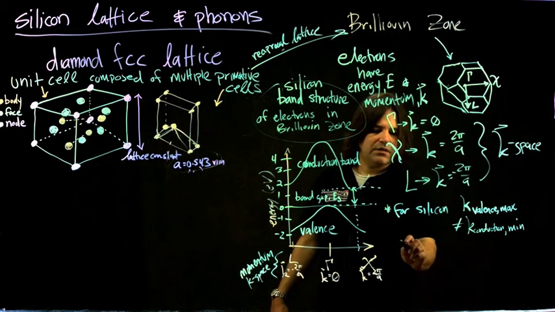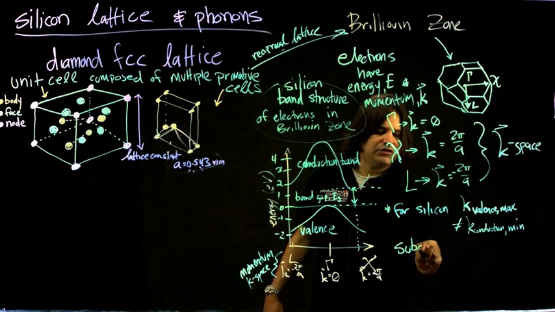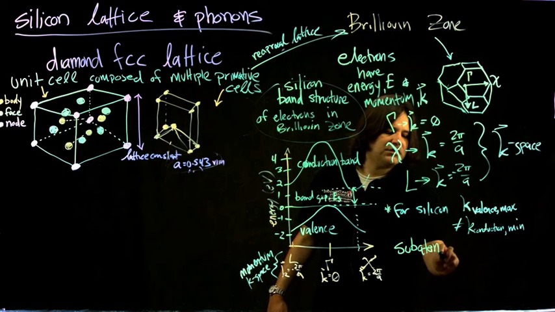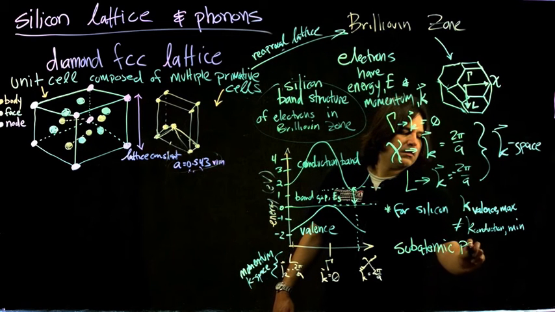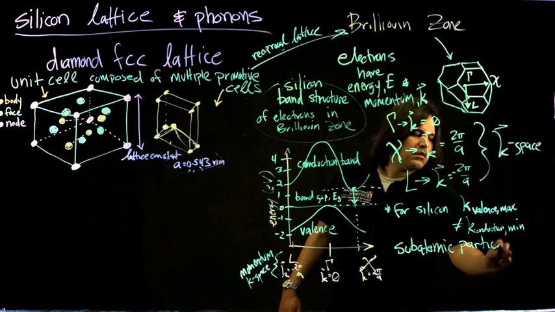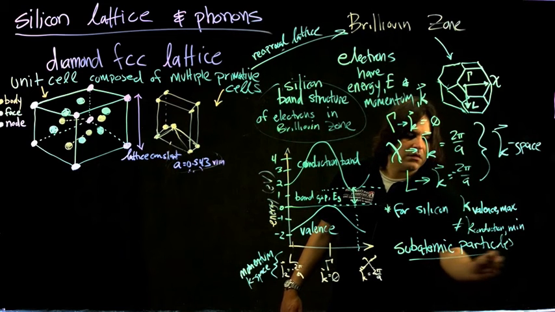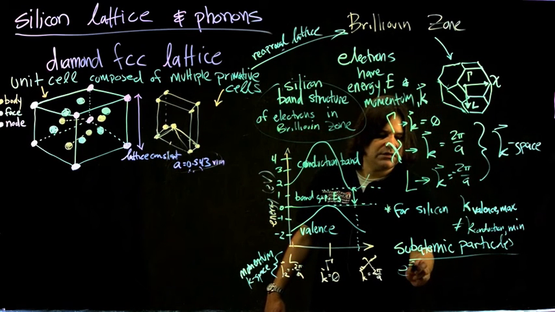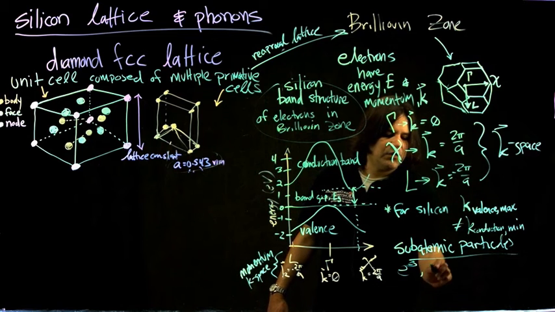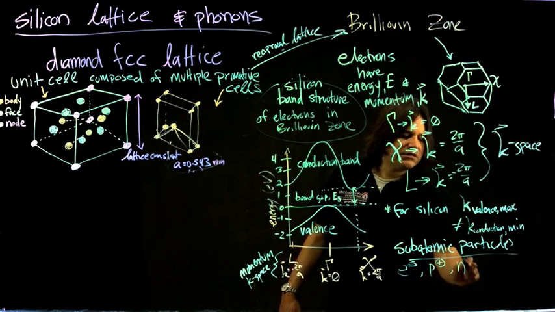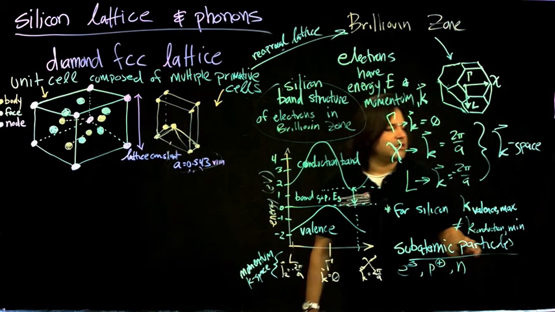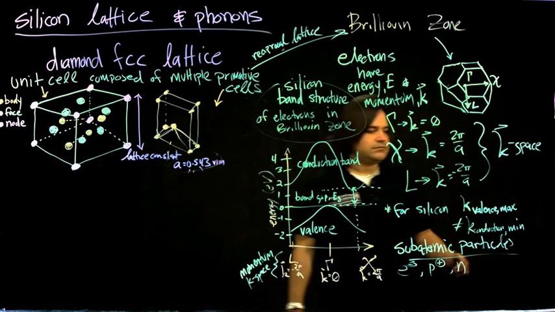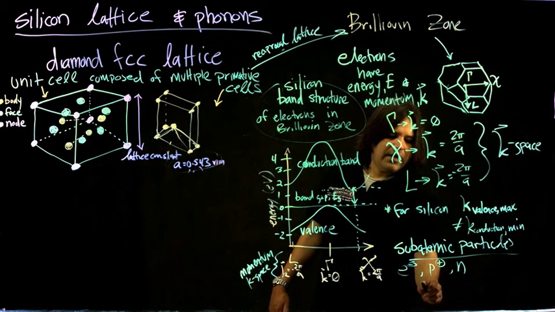So electrons are one subatomic particle. You have electrons, you have protons at the nucleus, and you have neutrons, but also phonons.